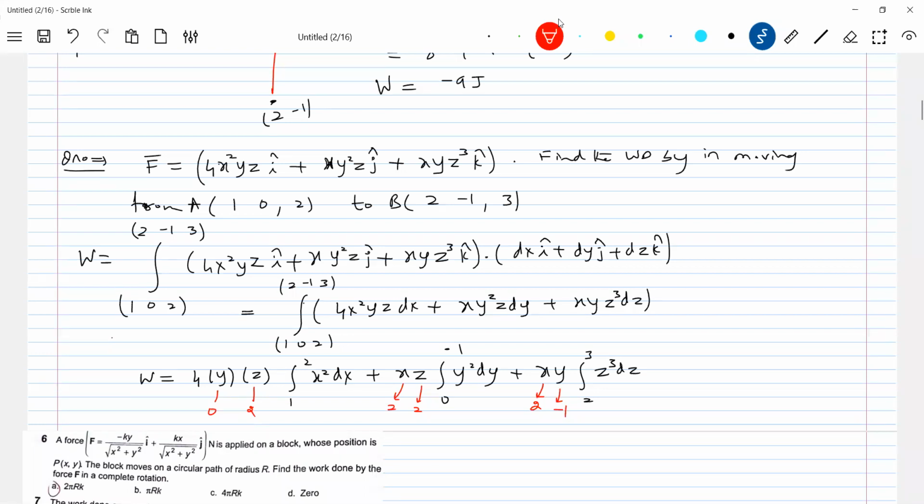So 0 comma 2, this quantity will be 0. So the expansion of this will be 4 into 0 into 2. Anyway, because of 0 the total will be 0, that one, plus this will be 2. I'll write down here. I'll write in next page.